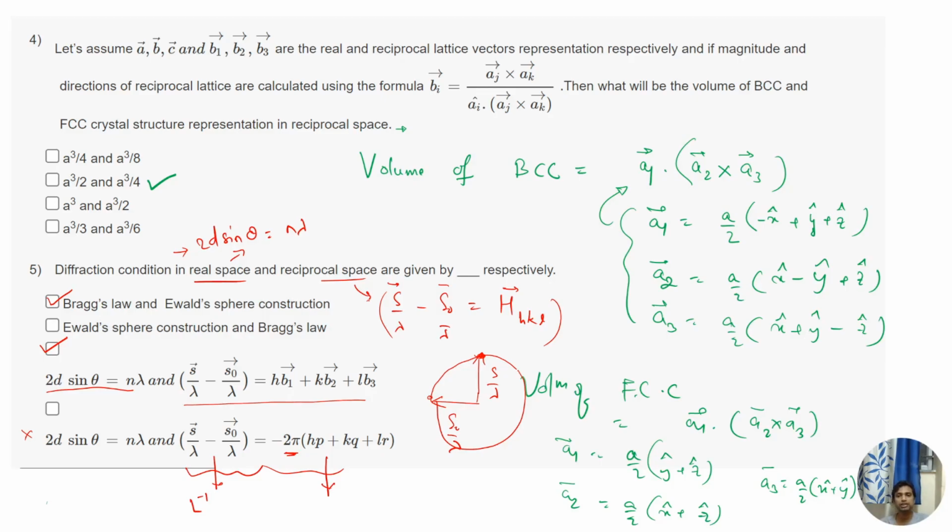So you just have to find the volume of the BCC and FCC crystal structure representation.